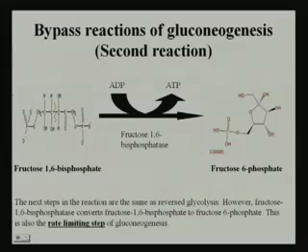In the second bypass reaction of gluconeogenesis, fructose 1,6-bisphosphate, in the presence of the enzyme fructose 1,6-bisphosphatase, is dephosphorylated. The phosphate group is taken up from the first carbon of this fructose, and fructose 6-phosphate is produced.